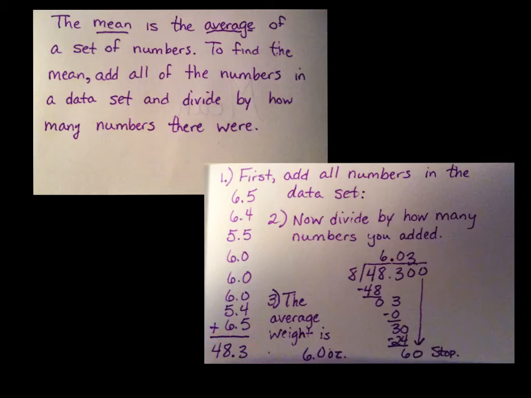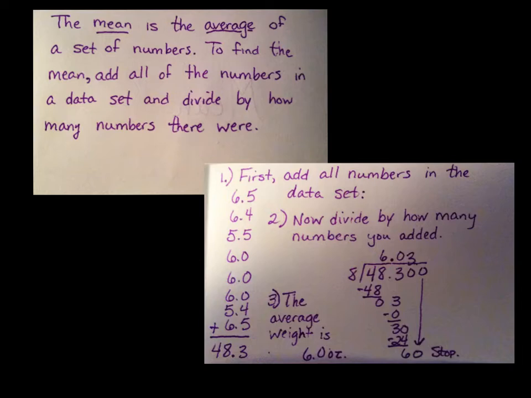But we're not finished. Next, step 2 is divide by how many numbers you added. So I added 1, 2, 3, 4, 5, 6, 7, 8 numbers together. That means I have to divide by 8. So I take my total, and that is my dividend, and I divide by 8.